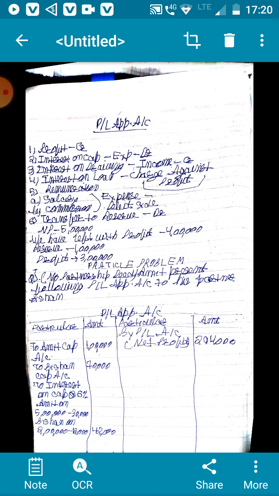Now come to the practical problem. The practical problem says there is no partnership deed. If there is no partnership deed, it means there are some more rules to apply. Let's do it. Amit presents the following profit and loss appropriation account with partners.